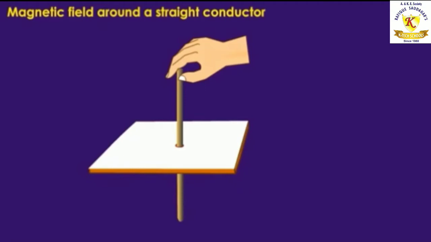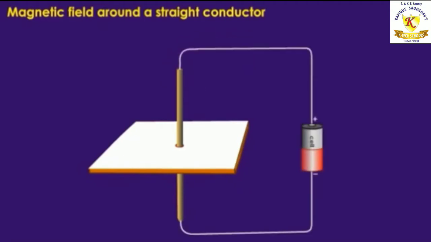Pass a thick wire and connect the ends of the wire to a dry cell using connecting wires. Plot the magnetic lines of force around the conductor with the help of a plotting compass.